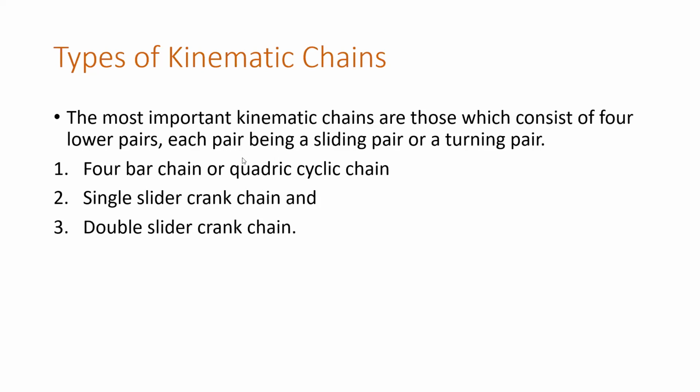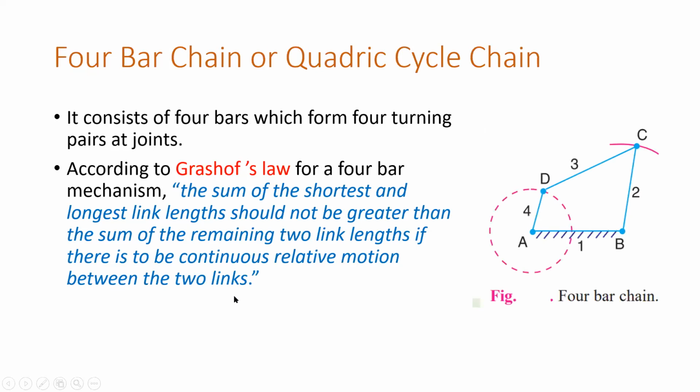It is the most basic kinematic chain of these 3, the first one, a kinematic chain with 4 bars, 4 turning elements or turning pairs. So we will first cover the 4 bar chain and the inversions of the 4 bar chain.